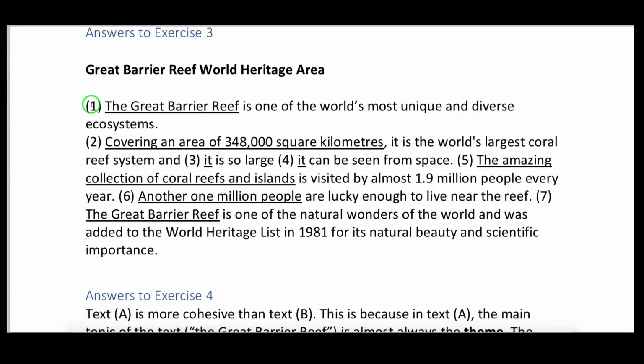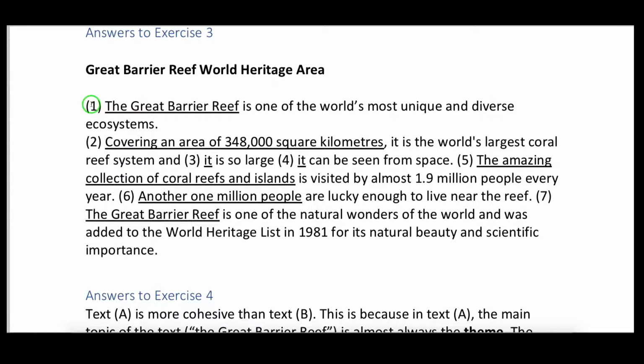The next theme is really a clause. It's a dependent clause. Covering an area of 348,000 square kilometers, it's the world's largest coral reef system. Now, why is that the best choice?